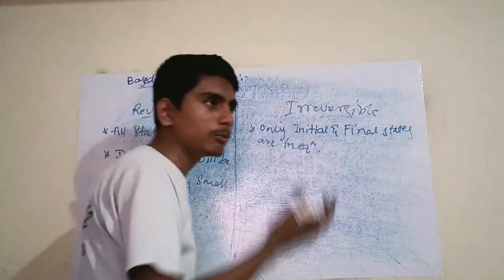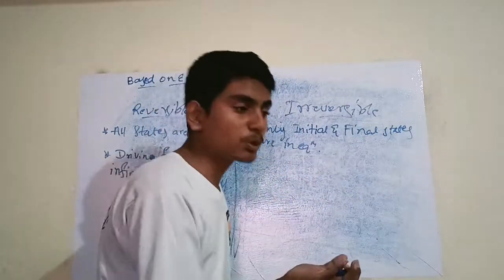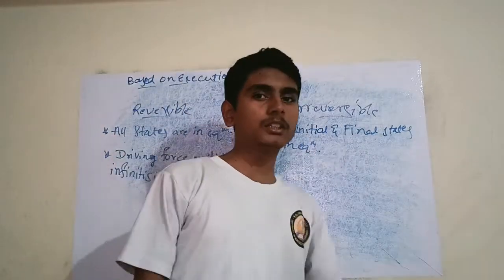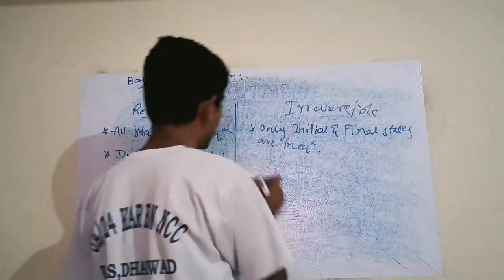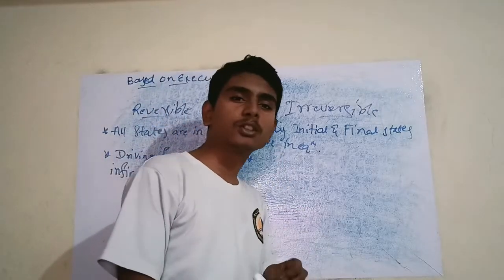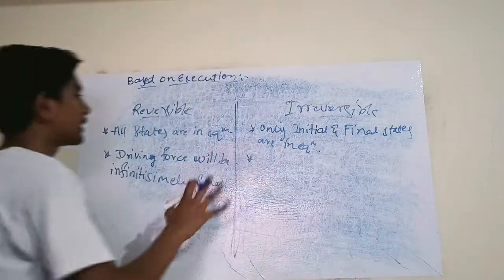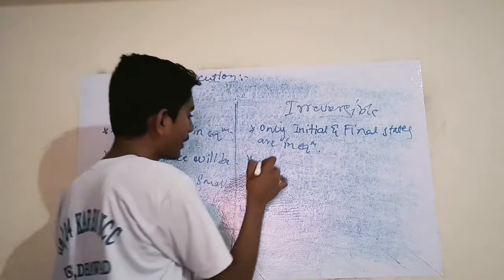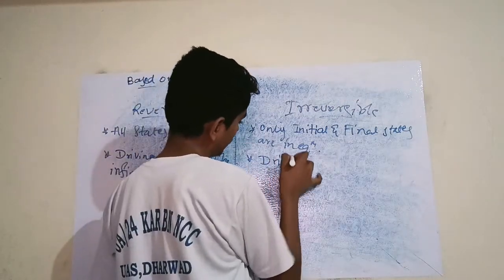Here, in the irreversible case, suddenly it has come, meaning the pressure will push the piston suddenly, meaning the force is larger. In physics you define this as an impulsive force. So this driving force is larger.